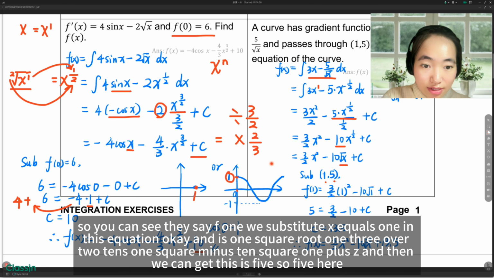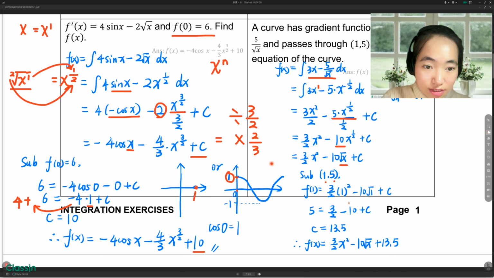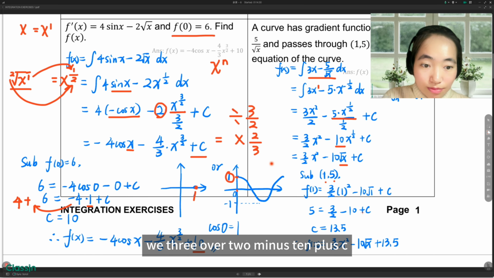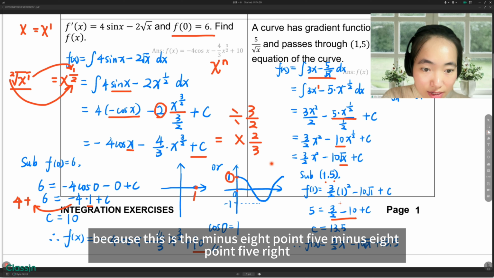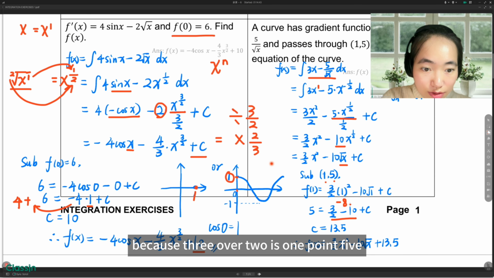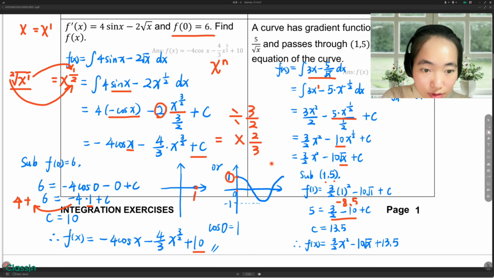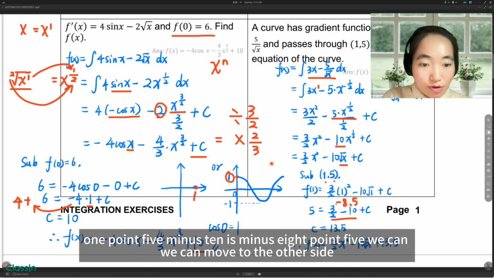And then we can get this is 5, so 5 here equals 3 over 2 minus 10 plus c. And then you can calculate c easily, it equals 13.5, right? Because 3 over 2 is 1.5. 1.5 minus 10 is minus 8.5.